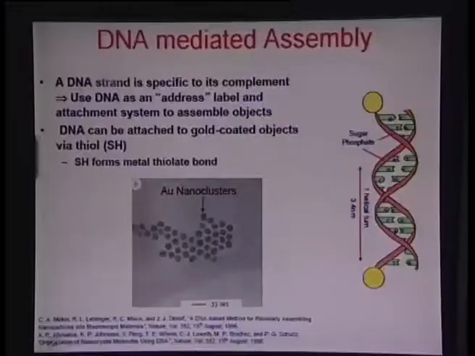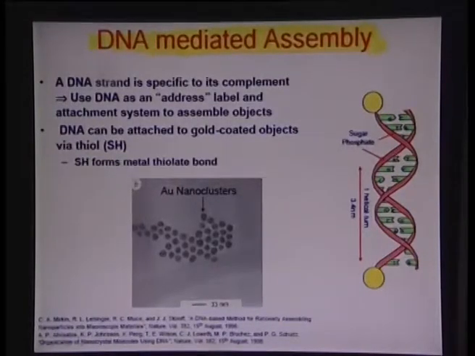So one of the first papers in this area is that generated by Alivisatos and his group. Essentially it is about gold nanoclusters. What he found out is a DNA mediated assembly process way back in 1996.